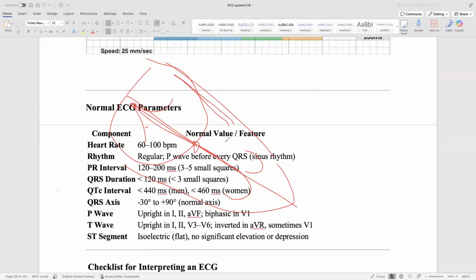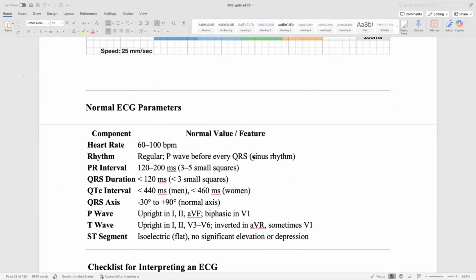Because the bundle of Kent is a fast bundle, a muscular tissue actually. That is why the bundle of Kent in WPW syndrome is faster. That is the significance of the short PR interval in WPW syndrome, and we know why and how.